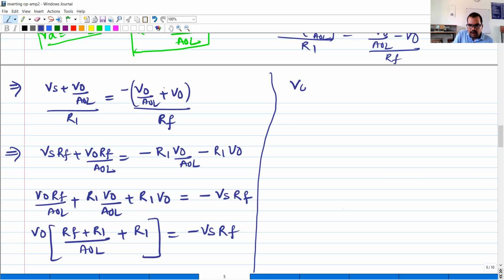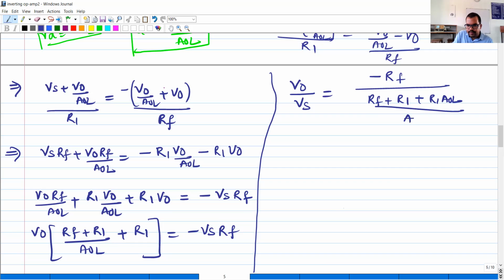Now here I want to take V0 by Vs is equal to minus RF by RF plus R1 plus R1 AOL by AOL, right?